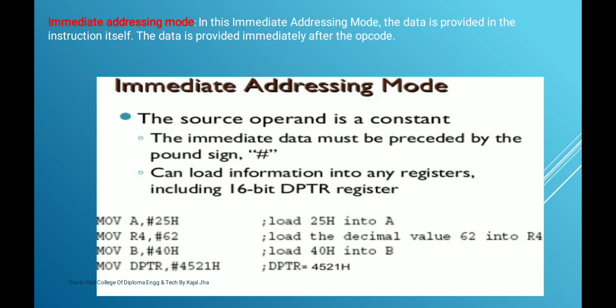Then MOV R4, #62: this loads the decimal value 62 into R4. Then MOV B, #40H: B is loaded with the 40H value. After that, MOV DPTR, #4521H: DPTR is now equal to 4521H, that is the data pointer.